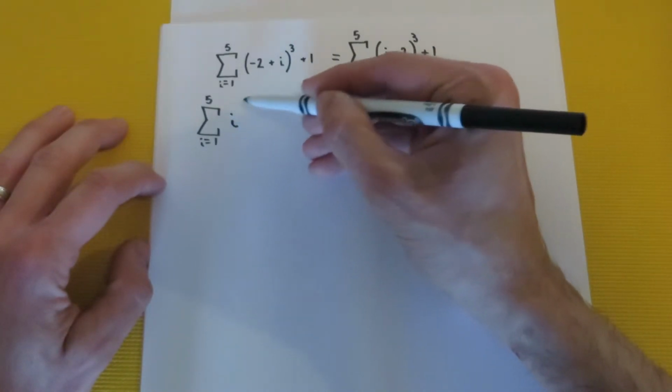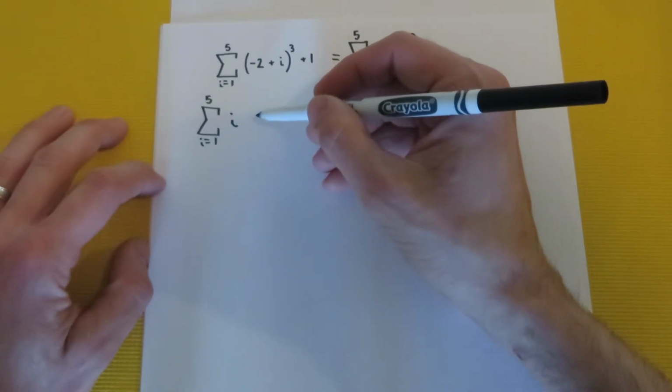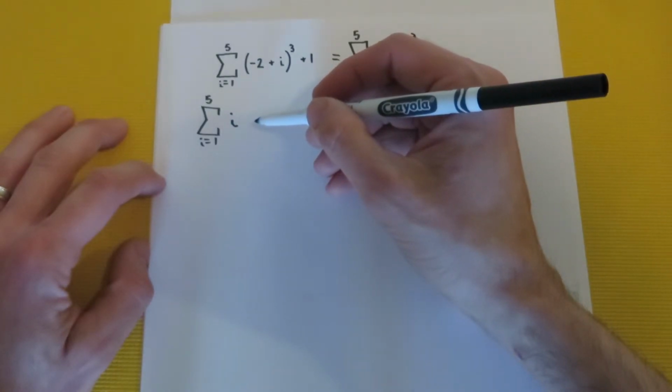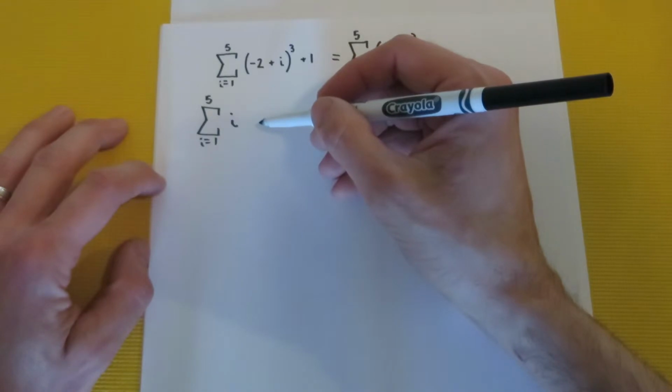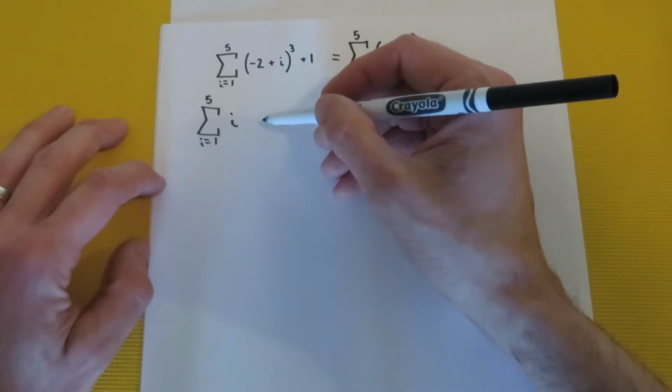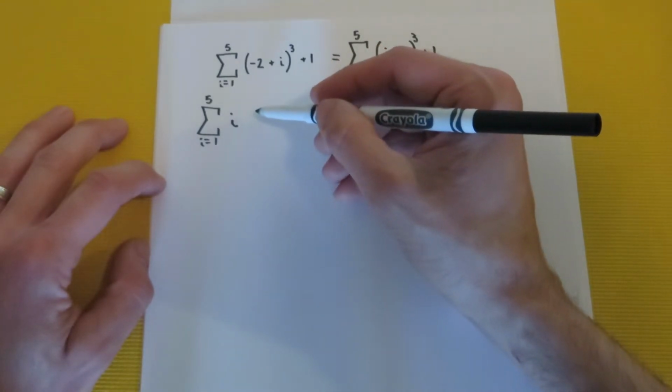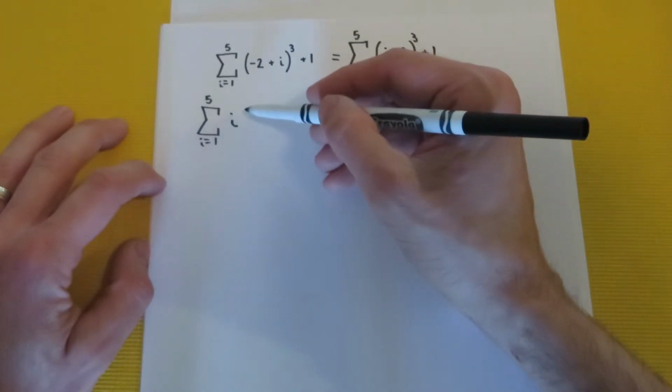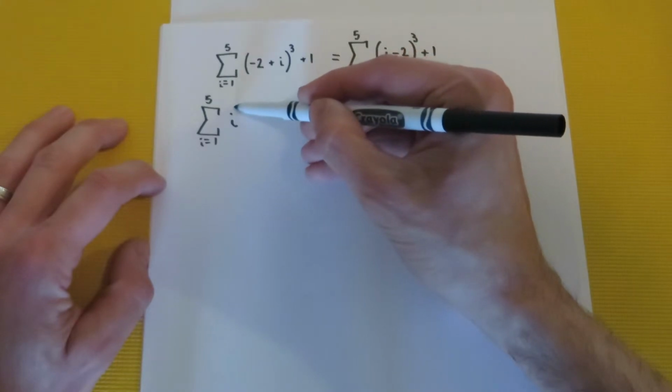The purpose of this video is to review Riemann sums and not necessarily expanding polynomials. So if you need to go back and review some of that material, or just take a little bit more time evaluating this, go right ahead.